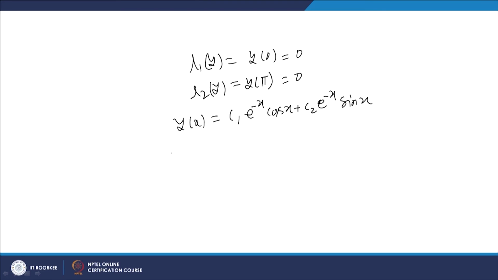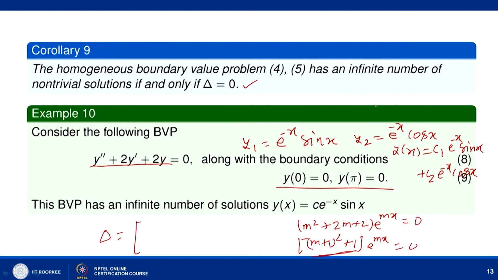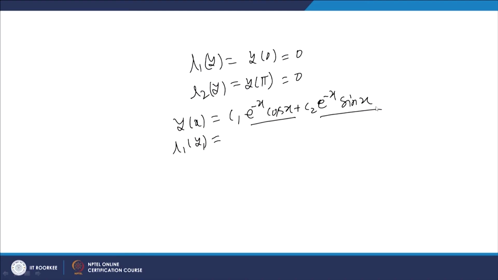So, we can easily check L1 of y1. Y1 is this, y2 is this. So, L1 y1 is basically e to power minus x cos x defined at 0. So, that is going to be 1 only.